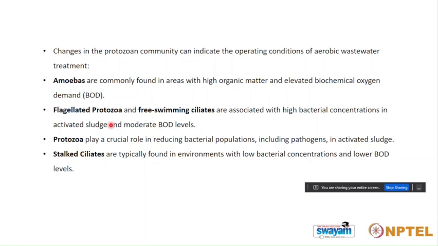Other than that, stalked ciliates are also there. They can mostly be found in water matrices low in bacterial concentration and biological oxygen demand. So how do protozoa indicate different parameters? If amoebas are present, the water matrix is rich in organic matter and has high biological oxygen demand.